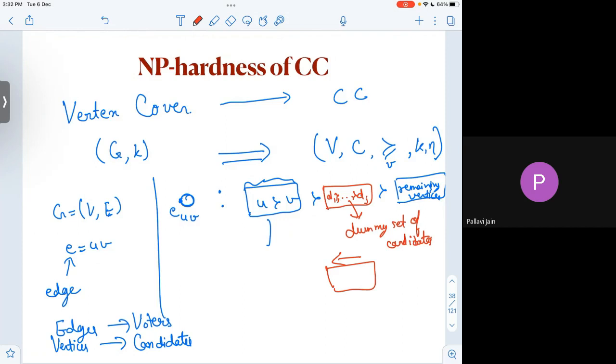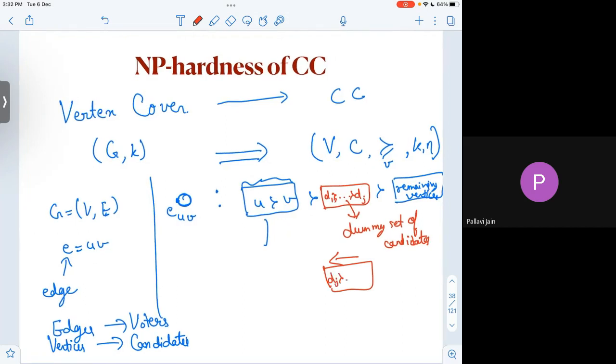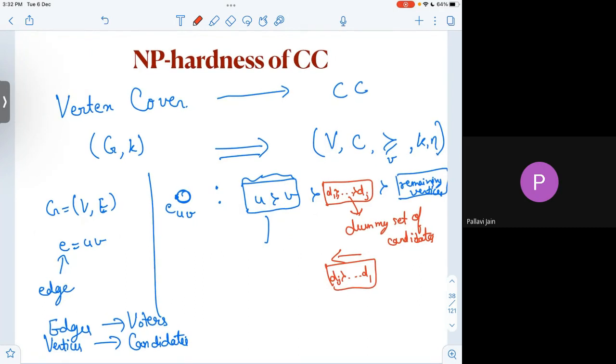Then for some voter, it is Dj to D1. Even if you set j equal to n, or j equal to m, where m is the number of edges, it doesn't work, because again you may say that for someone maybe you can still pick D1 and it is fine. So to take care of this issue, you can duplicate these voters.